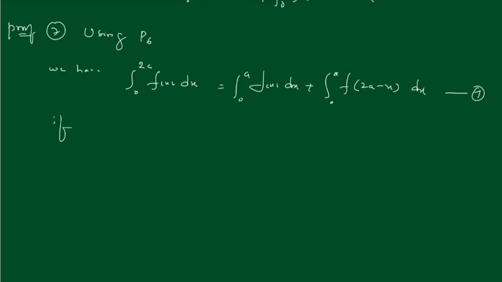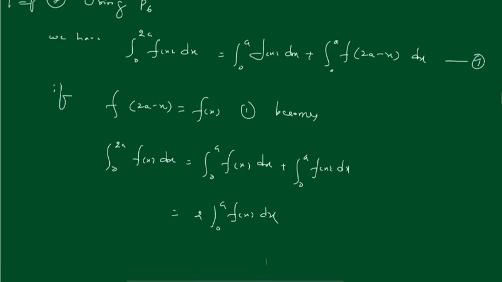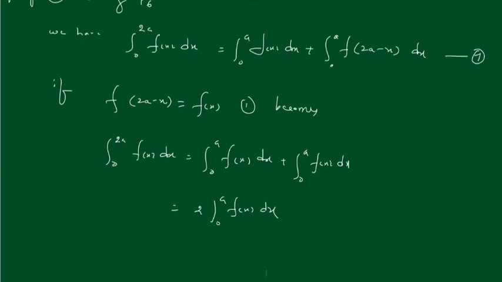If f of 2a minus x equals f of x, then 1 becomes the integral from 0 to 2a of f of x dx equals the integral from 0 to a of f of x dx plus the integral from 0 to a of f of x dx, which equals 2 times the integral from 0 to a of f of x dx.